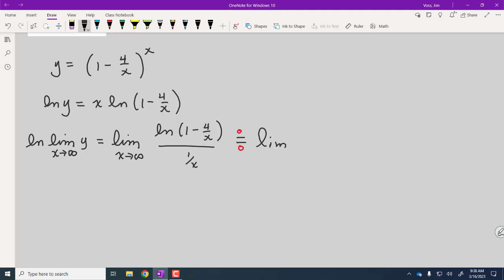If the tangent line is the best approximation for each of those functions individually, then the ratio of tangent lines should do the same thing as the ratio of functions. If it didn't, that wouldn't be a very good approximation. So that linear approximation, that derivative, the quotient of derivatives is going to do the same thing as the quotient of functions. So we have to take the derivative of top and bottom.